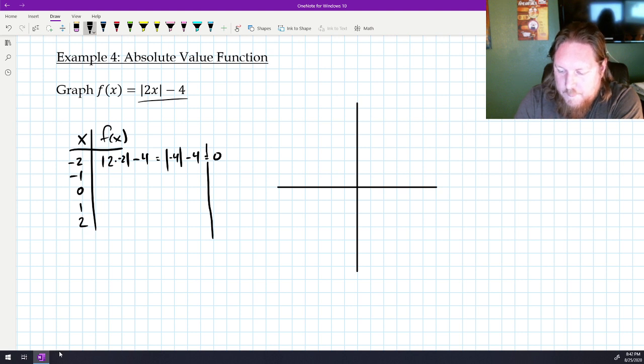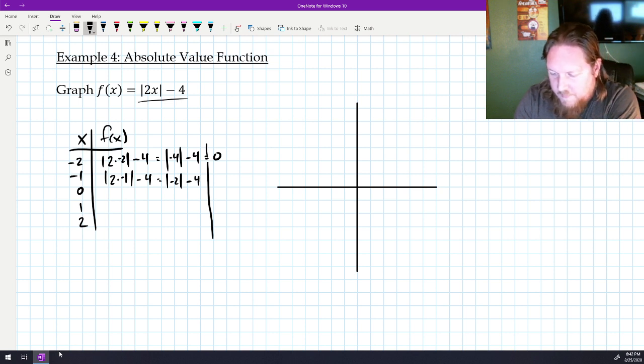All right. And 2 times negative 1 minus 4 is negative 2, absolute value, minus 4. And if you didn't see it before, I used the absolute value minus 4. We get negative 2 there. And I'm just going to keep doing that.